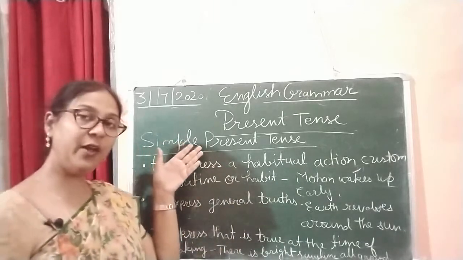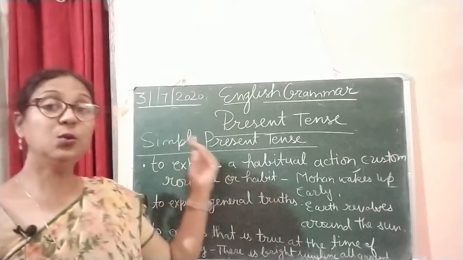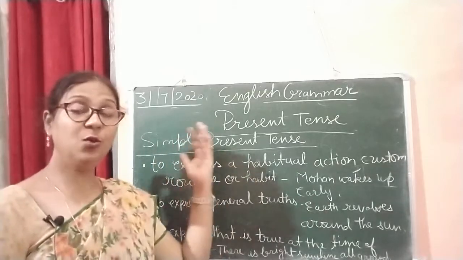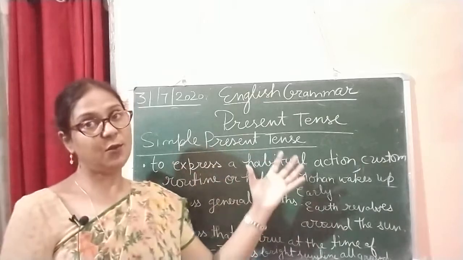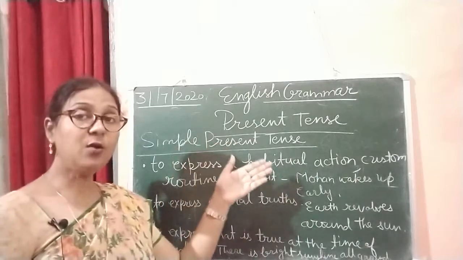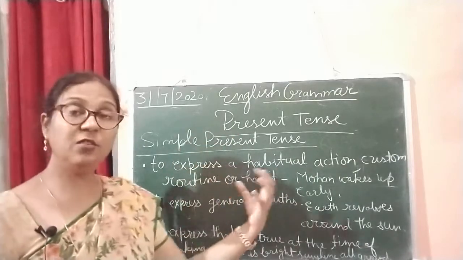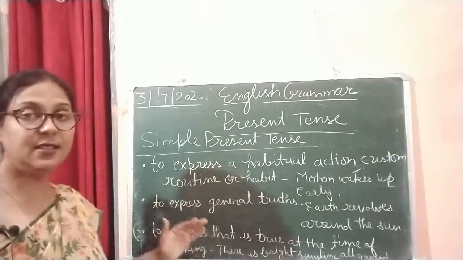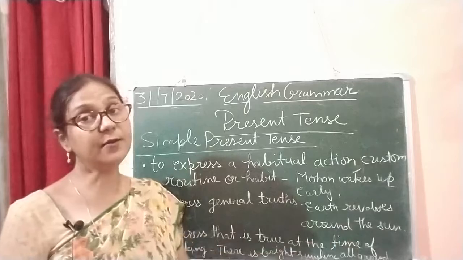The first point we have discussed is that simple present tense is used to express routine and habitual actions. Second, simple present tense expresses general truths. And the third point is to express what is true at the time of speaking.